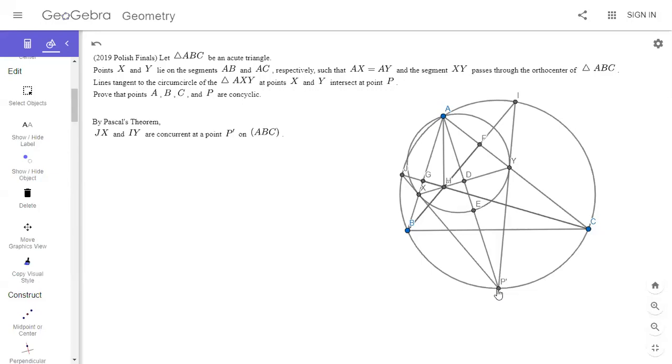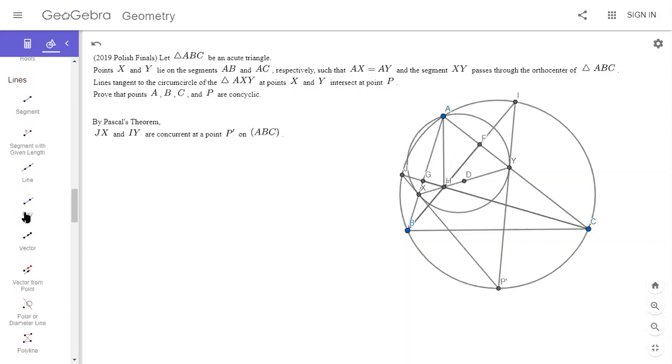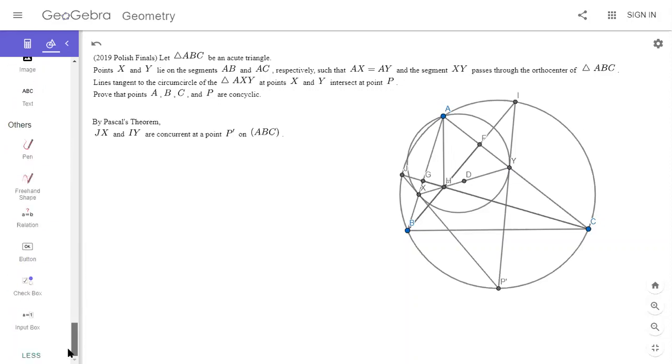We know I is the reflection of H over AC. And so angle YHF is equal to angle FAY. And in the same way, angle GHX is equal to XJG. And those angles have to be the same.